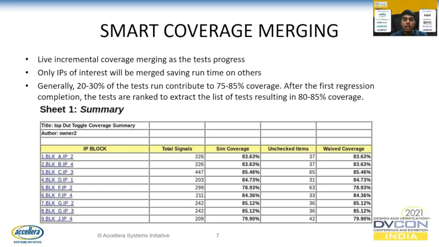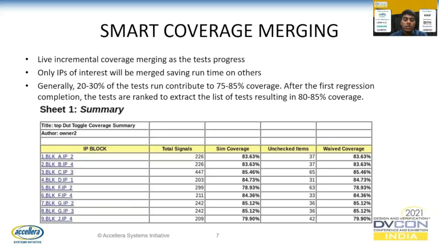One is incremental coverage merging, which saves time and space, and only IPs and hierarchy of our interest can be merged. So there is flexibility to add coverage waivers also. They are considered separately by the tool and published.